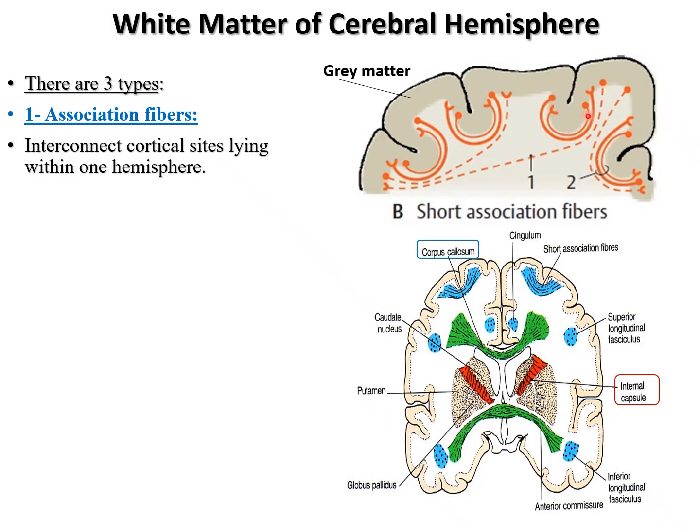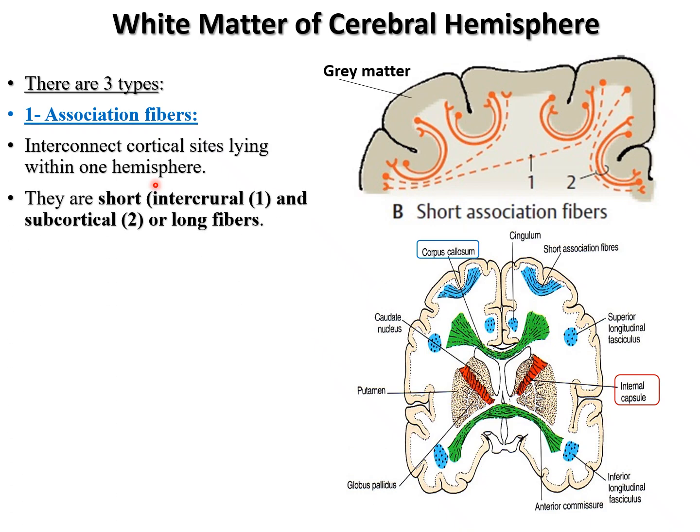These are called short association fibers, and then there is this short association fiber like this one, which we call intercrural fibers, and subcortical fibers. There are also long association fibers, which I will show you later.